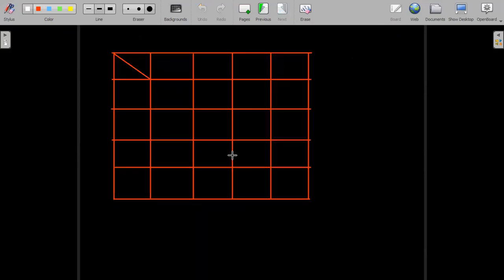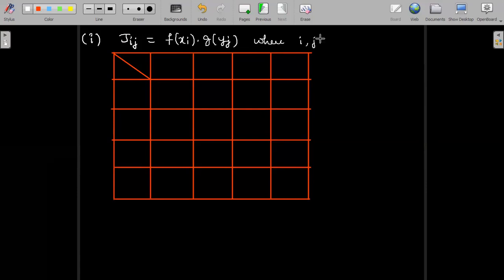Since X and Y are independent random variables, we can use the condition Jij is equal to f of Xi into g of Yj, and this is true for all i, j equal to 1, 2, 3, because X and Y are independent random variables.